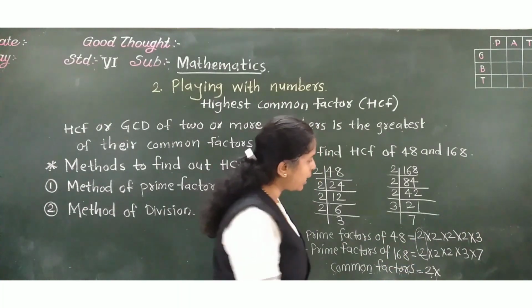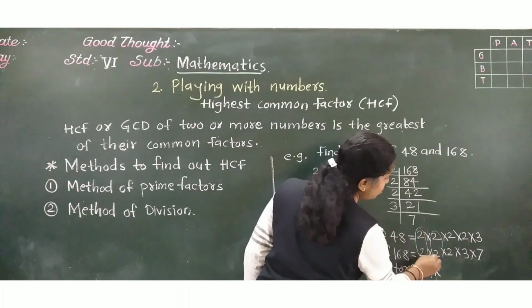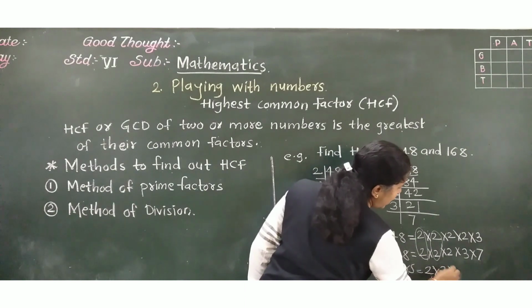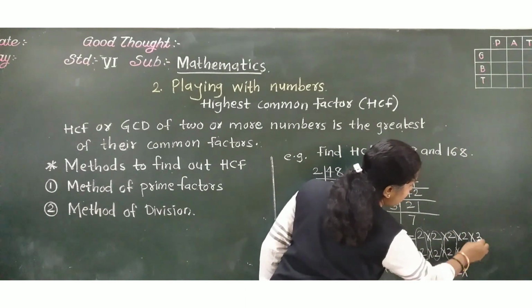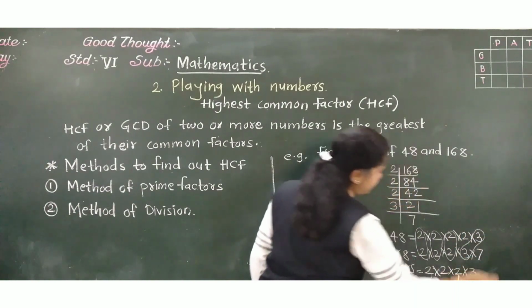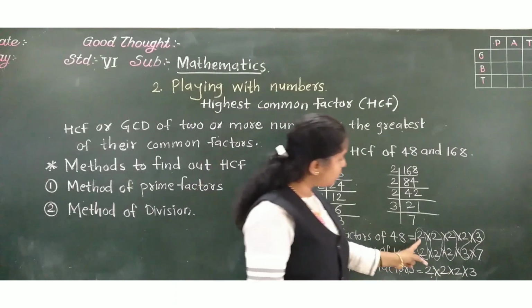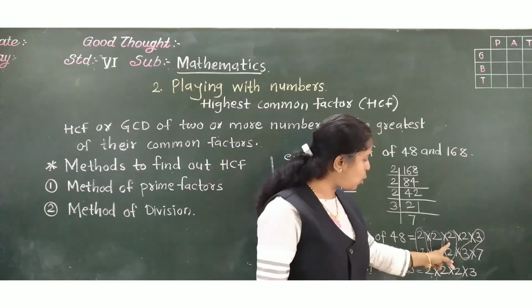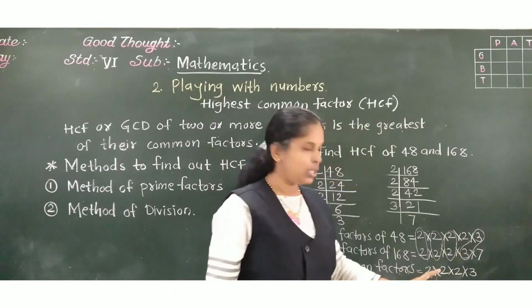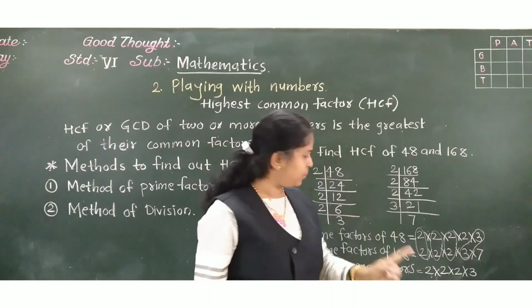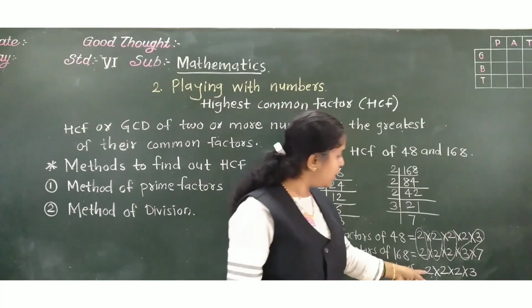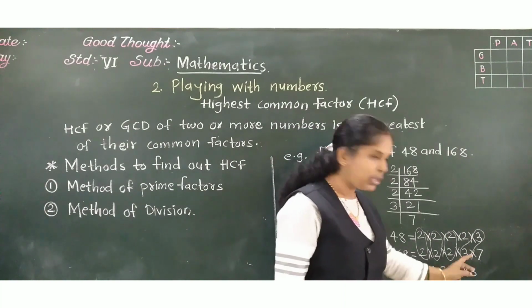Again see here also, so again write one time. Here again write one time. And see these 3 and these 3. So 3 times 2 is common and 1 time 3. Though it is a pair, we have to write it one time. Common factors we are writing. Got it? So 2 into 2 into 2 into 3.